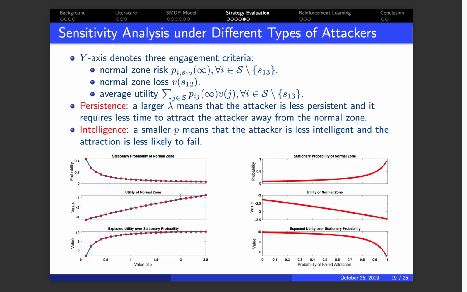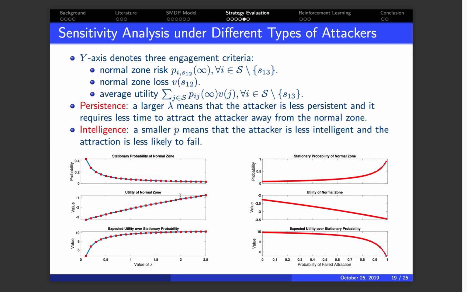Also, we want to analyze the sensitivity of our policy for different types of attackers. Y value provides three engagement criteria of risk and utility: risk, loss, and utility. On the left, we investigate persistency.